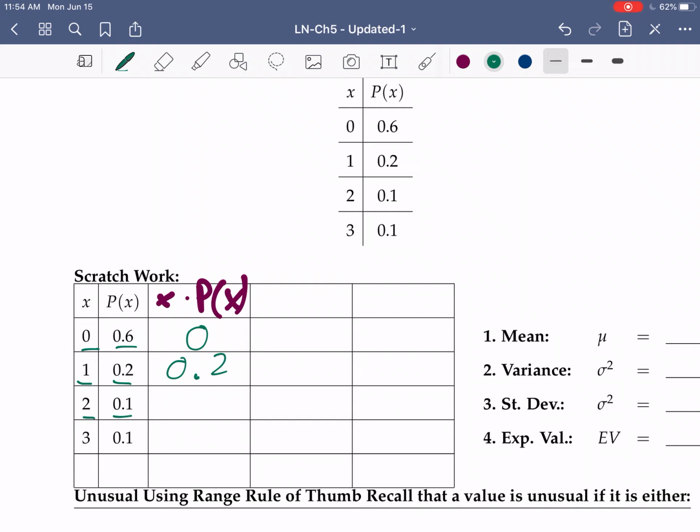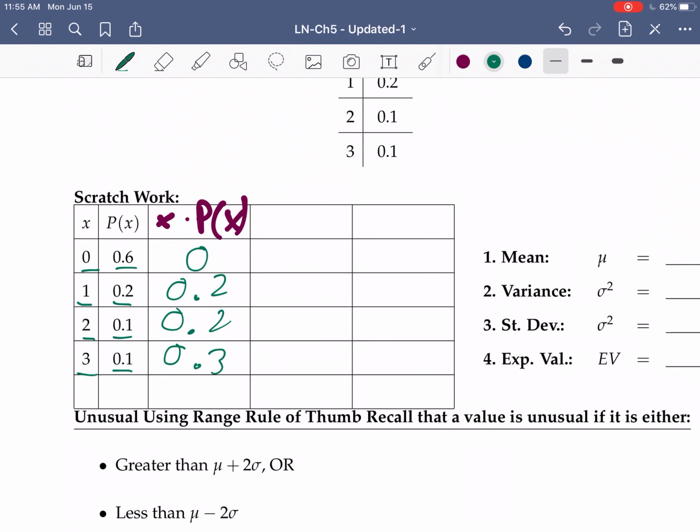Taking 2 times 0.1 also gives me 0.2, and 3 times 0.1 gives me 0.3. Down here at the bottom, I'm going to add up all of those values, and when we add up that column, I get 0.7. And so that's what's happening in that first column.